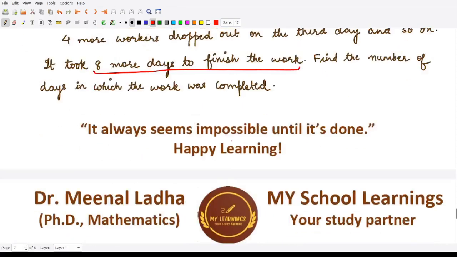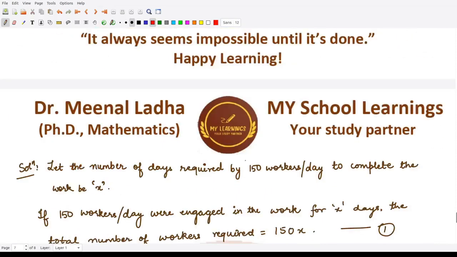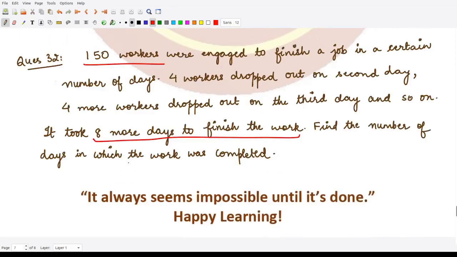So let's consider that initially 150 workers were employed per day to complete the work without any worker leaving. In that case, let us suppose that the work is completed in x number of days. Now they are telling you that for that x, we require 8 more days when this condition happens, when 4 workers drop out each day.